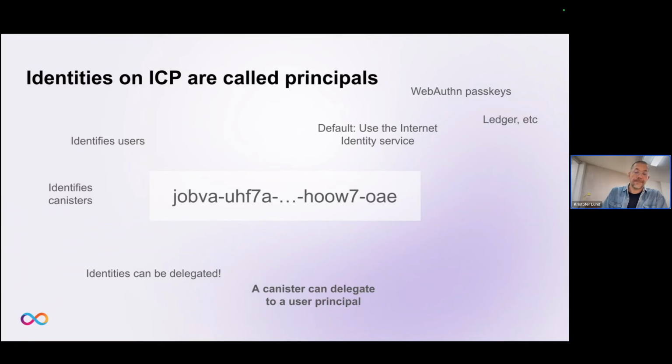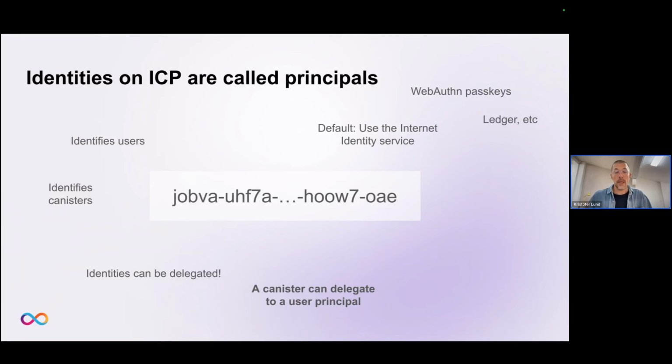But when we are building applications geared towards the Ethereum community or the Solana community, the people from those communities are really used to using their wallets to sign into applications. So wouldn't it be good if we, instead of using this Internet Identity Service, could use regular message signatures like people are used to?